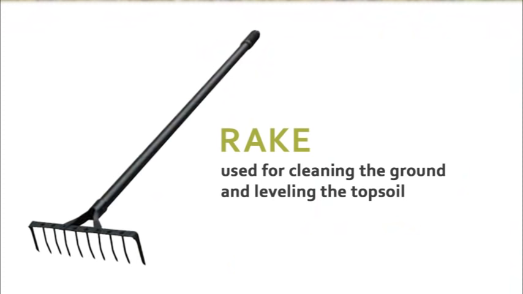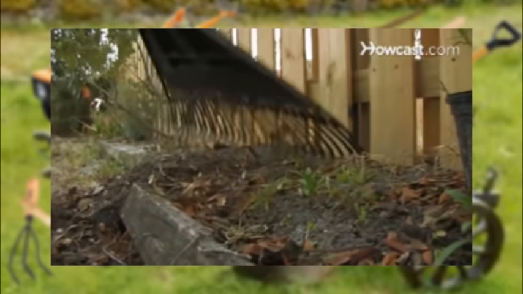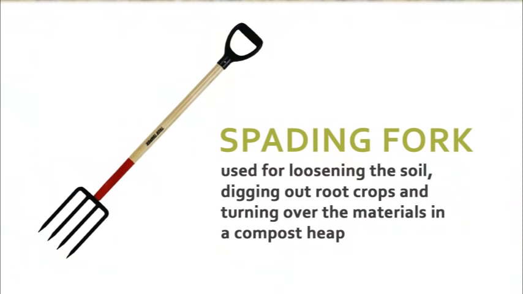We also have rake. It is used for cleaning the ground and leveling the topsoil. Spading fork is used for loosening the soil, digging the root crops, and turning over the materials in a compost heap.